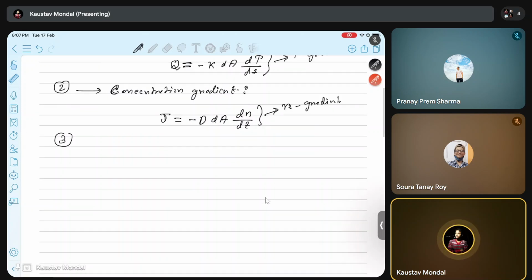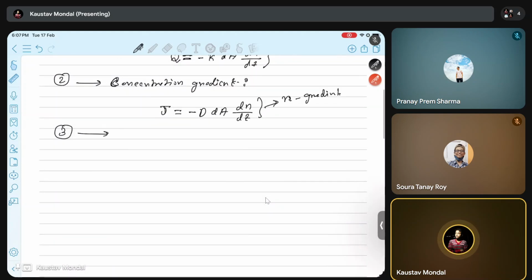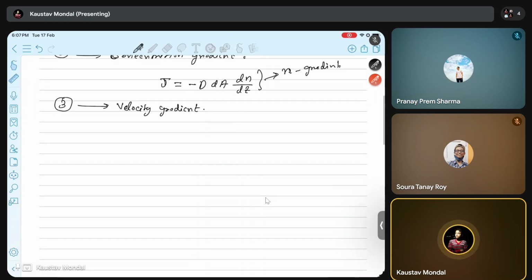And the third one is the mechanical equilibrium. Mechanical equilibrium is disrupted because of a velocity gradient. Let's suppose in a gas or in a fluid there are multiple layers of fluid like this.